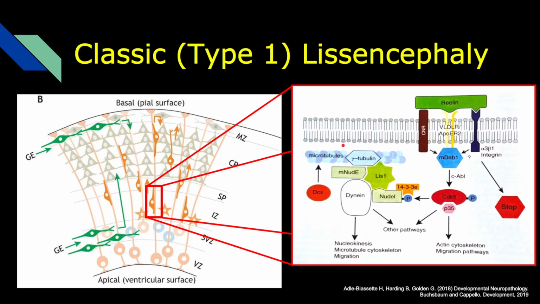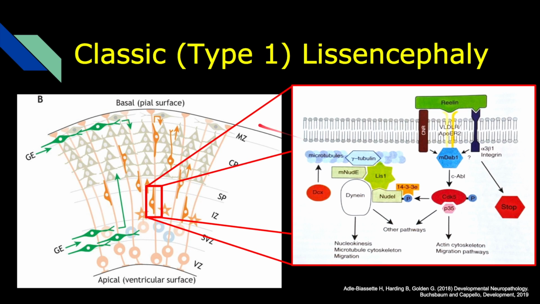To do this in a coordinated fashion, you need very strong cytoskeletal proteins like your microtubulins, and then you have to have these motor proteins, these dyneins, to really drive the pulling of the nucleus and migration. And when you have defects in proteins involved in this complex, like DCX, which is a classic one, LIS1, 14-3-3 epsilon, which is the protein implicated in Miller-Dieker syndrome, or tubulinopathies that have mutations in tubulin, you get Lissencephaly type 1 if it's a severe mutation.